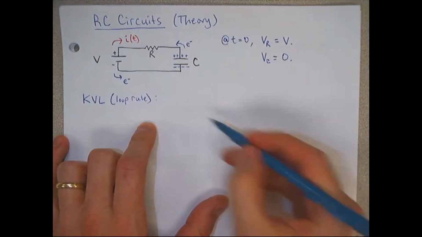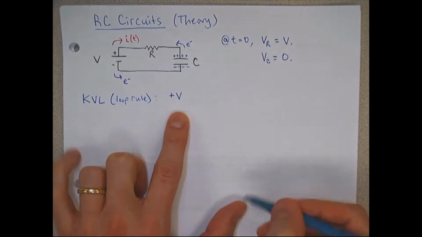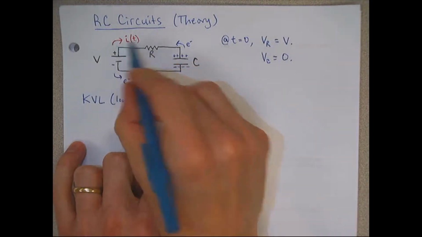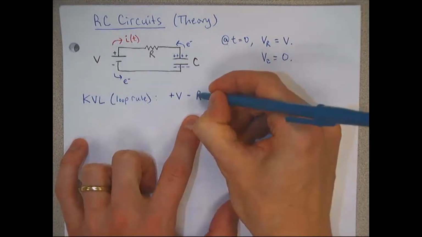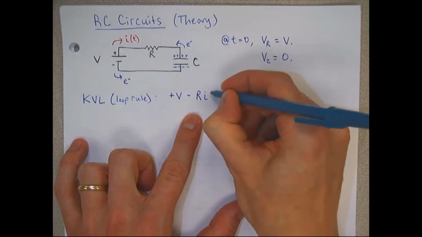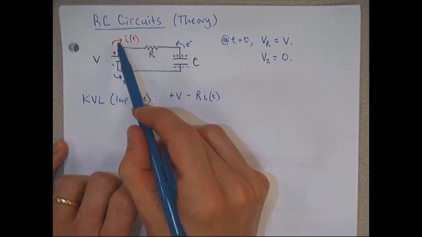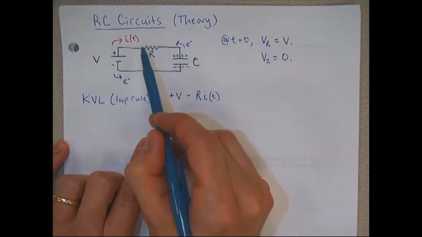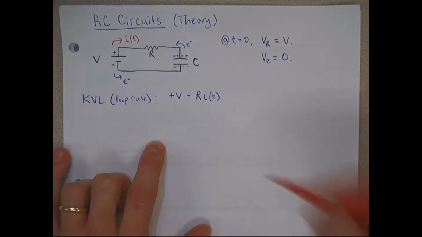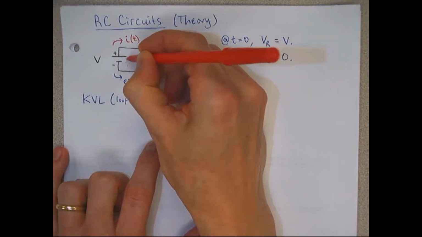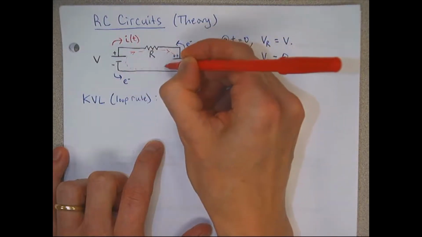We'll start here, and we'll say plus the battery voltage, that's a constant in time, minus the iR, Ohm's law, for the resistor, minus, again, because we're traveling with the current, going from higher to lower voltage. Let's just specify that our loop direction is clockwise here.